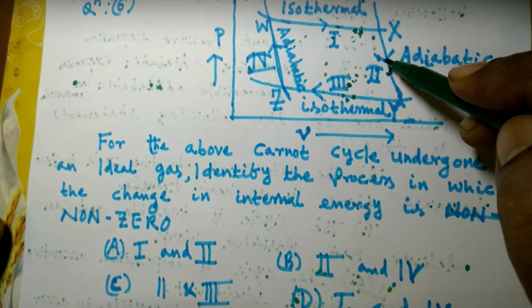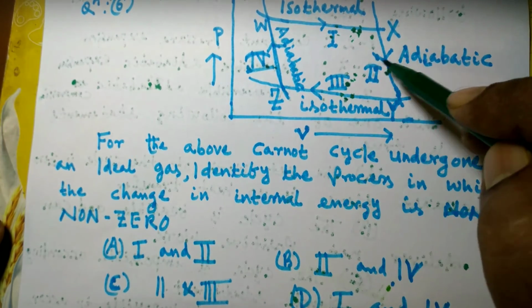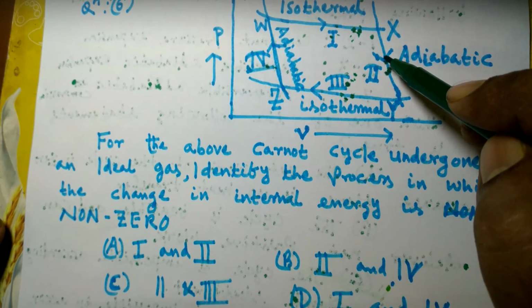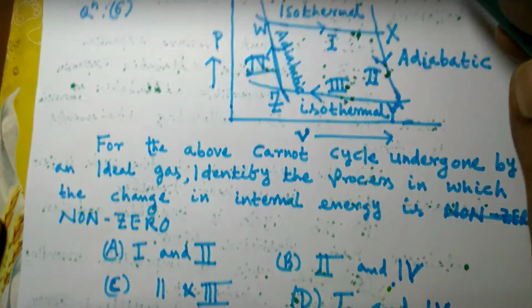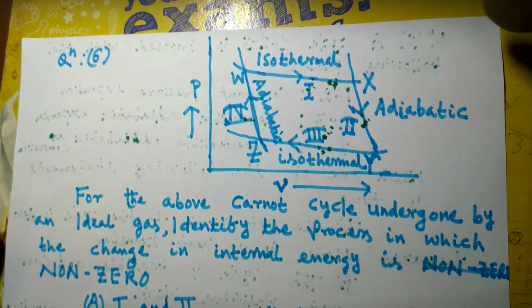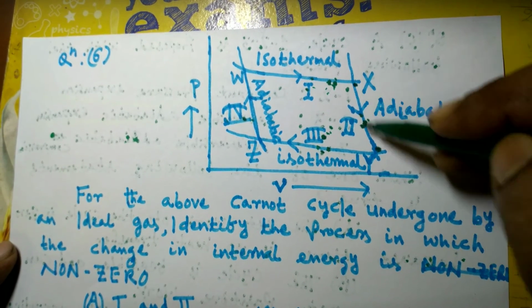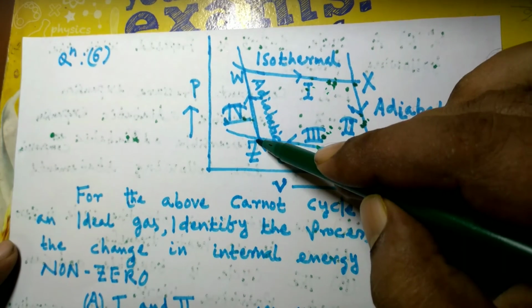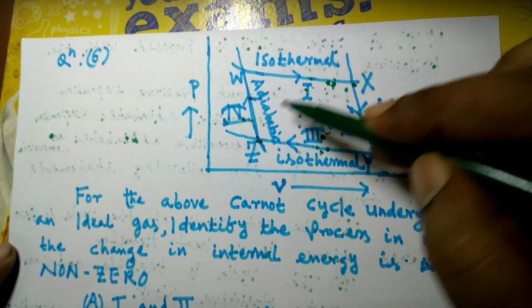That means for 2 3 and 4 1, the second and fourth processes, which are adiabatic processes, temperature is not constant, so that's why internal energy will change. In adiabatic expansion there will be a decrease in internal energy, and in the fourth process there will be an increase in internal energy.